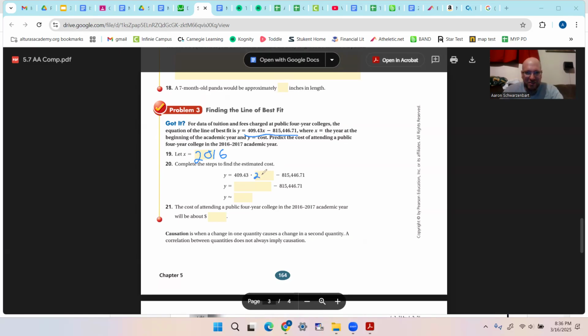So to predict, I fill in the amount, and then I grab a calculator and I start multiplying. And I get 8,254.10.88.